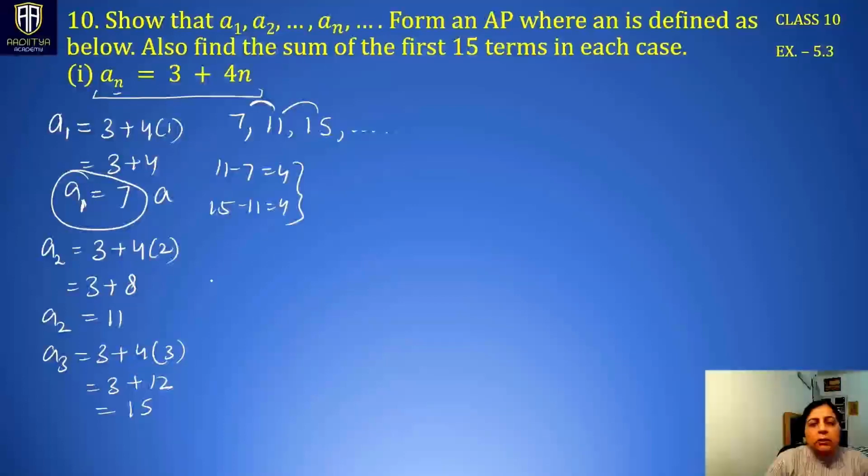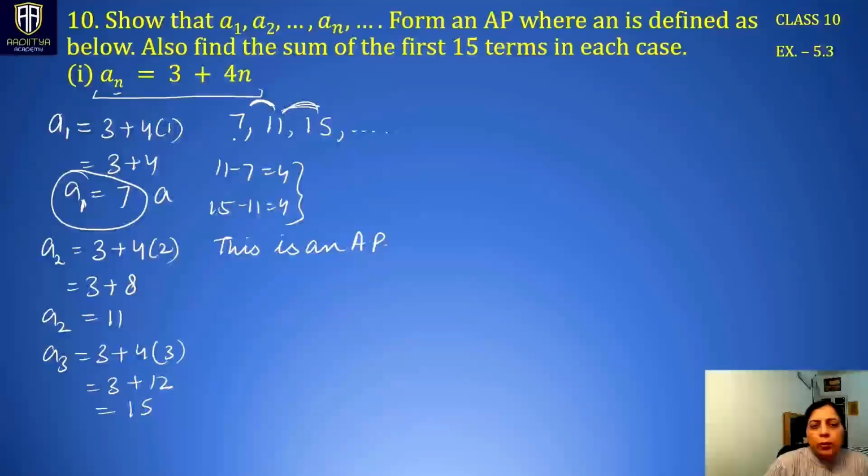So the basic criterion for a sequence to be an AP is that the consecutive terms should have the same difference. Here they have a difference of 4 among them. So a2 minus a1 is 4, a3 minus a2 is 4. Since a constant difference exists between the consecutive terms, we can say that this is an AP.